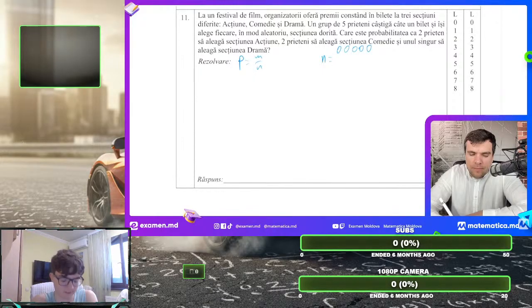Okay, so let's try to understand how this one's done. Obviously, we've got 5 friends, so we've got 5 circles like that. Formula: always start with the total number of cases, then work through the favorable cases. In terms of total number of cases, we've got 5 friends and 3 sections.